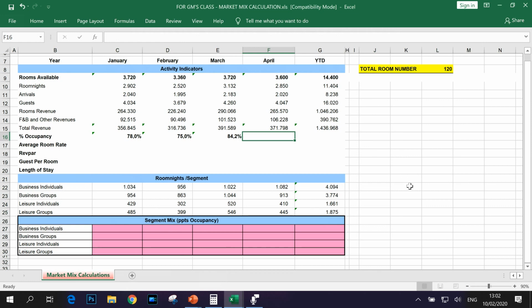So March occupancy was slightly better than the other 2 months. Let's see April. We have a total of 2,850 rooms sold divided by 3,600 rooms available to sell. So April room occupancy is 79.2%.